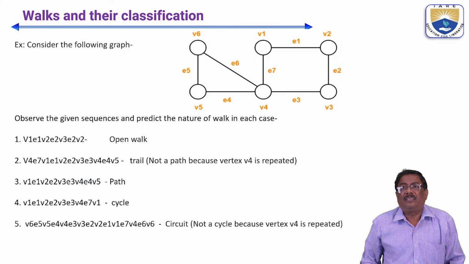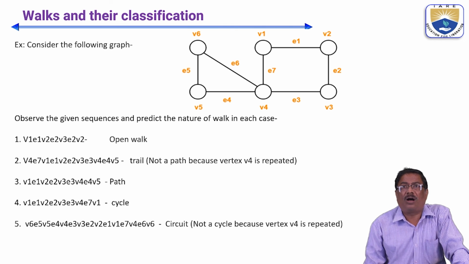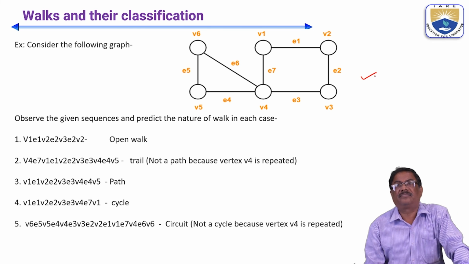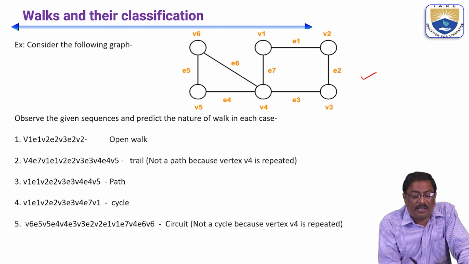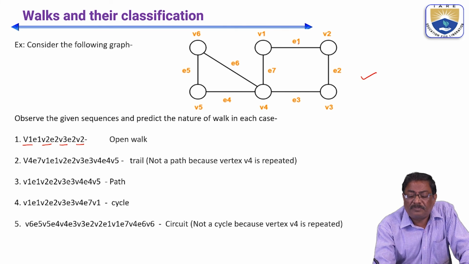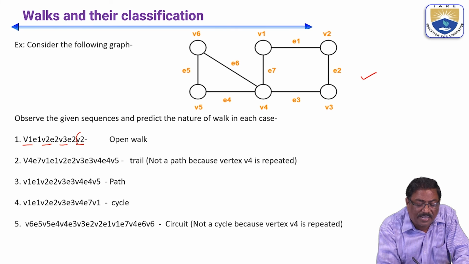So, these are some of the examples based on the walks and their classification. Suppose we consider a graph like this. Now, see here V1, V2, V3, V2.